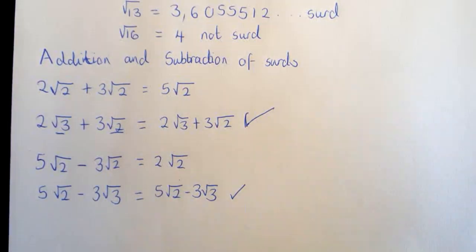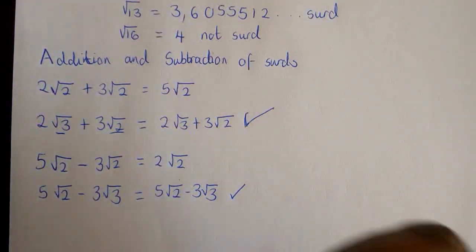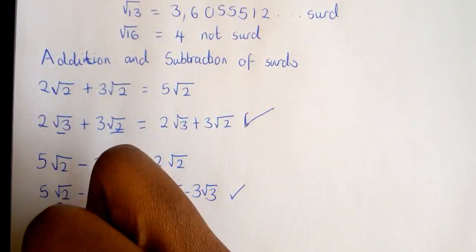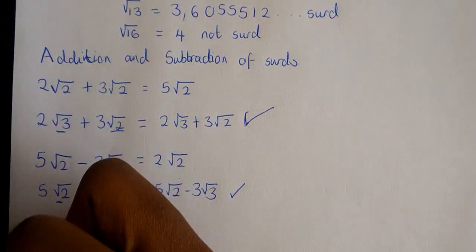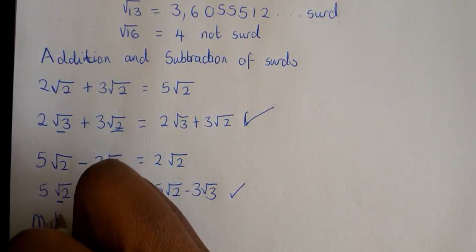This cannot be further simplified because the numbers under the square root signs are not the same, they are different. Now let us proceed to multiplication of surds.